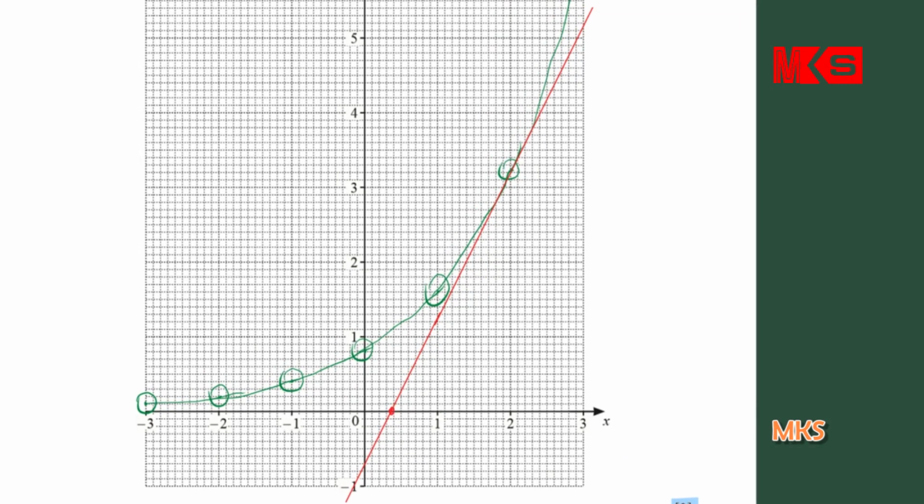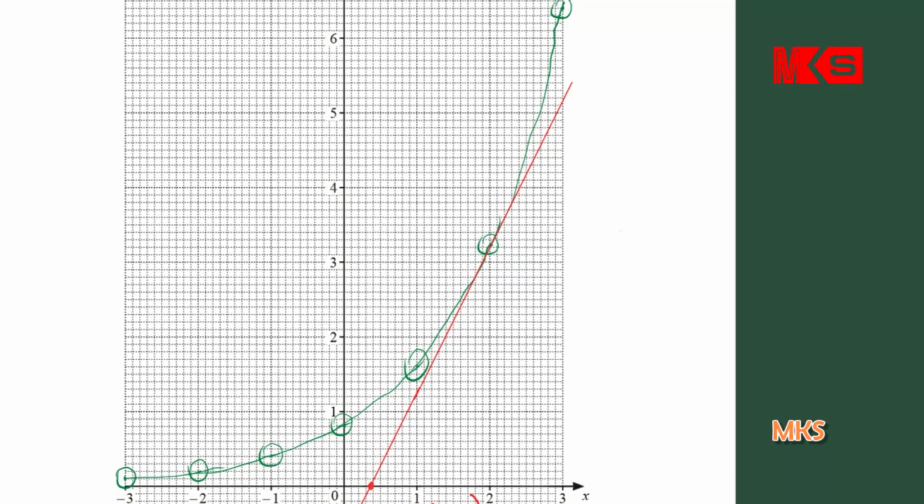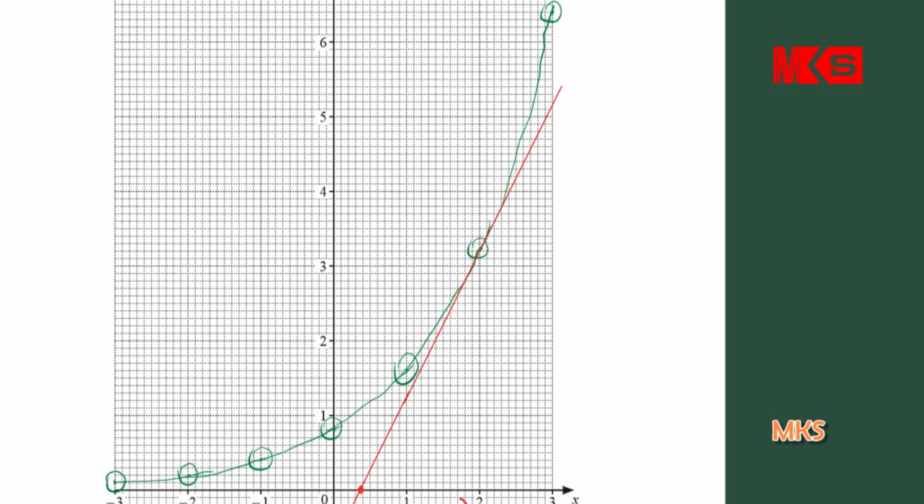By taking 2 points from the tangent, say I take this point, which is almost 0.38, or you can say it's 0.4, and any other point, say if I take x is 3, then y is 5.15.